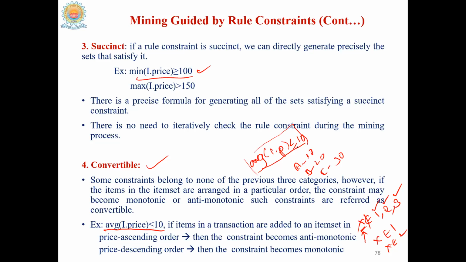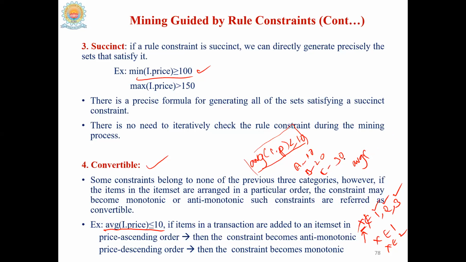Now this constraint belongs to the anti-monotone. Why? Because according to the anti-monotone property, if the item set does not satisfy the constraint, suppose the average of AB does not satisfy the constraint in the sense greater than 10, then its superset also does not satisfy the constraint.